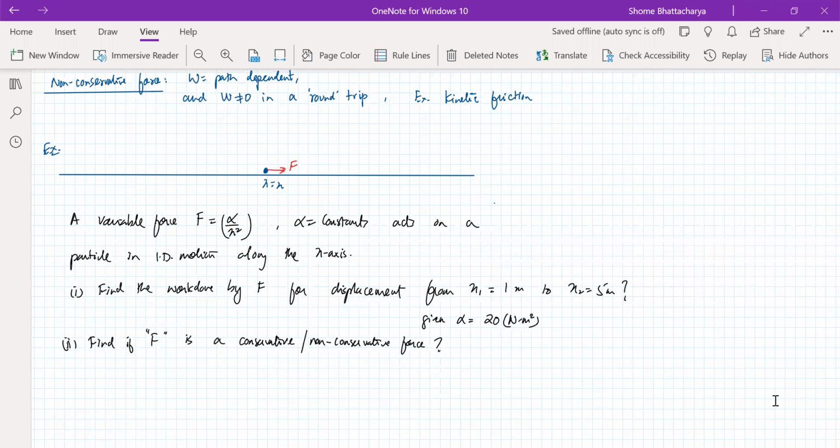It is alpha upon x square, and alpha is a positive quantity. And your particle is also moving from x1 to x2, that is from 1 to 5, so its displacement is in the positive direction. So the work done should come out to be positive, isn't it? Yes, sir, I'll check it. Yeah, so probably just one small error, just correct that, then you'll get the right answer.